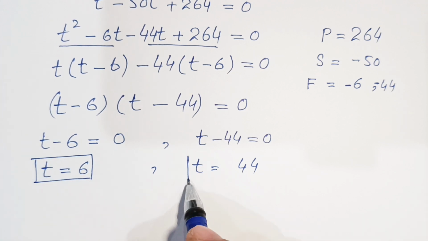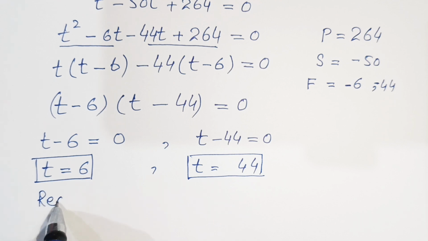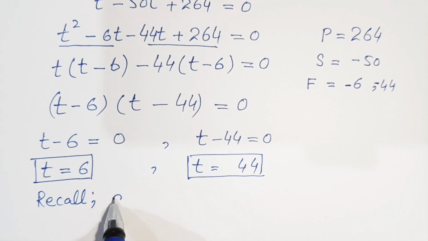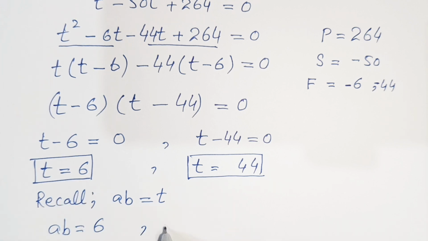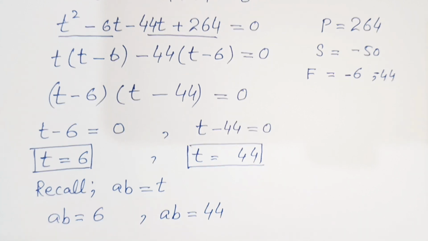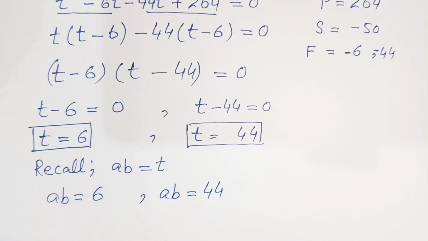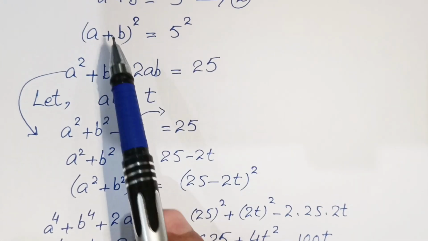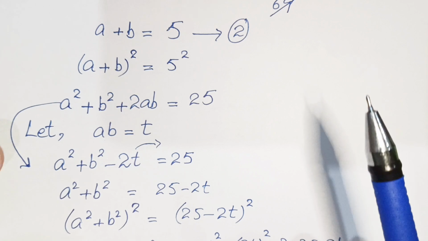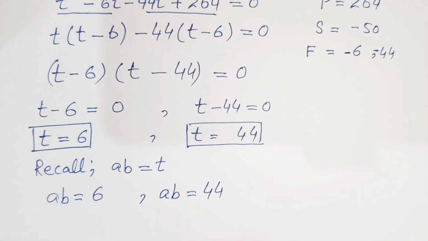Now we have to recall our equation, where we supposed that a times b is equal to t. So here a times b is equal to our first value of t, which is 6, and a times b is equal to 44 for the second value of t. Now if we recall our equation 2, which is a plus b is equal to 5, it is our equation 2.